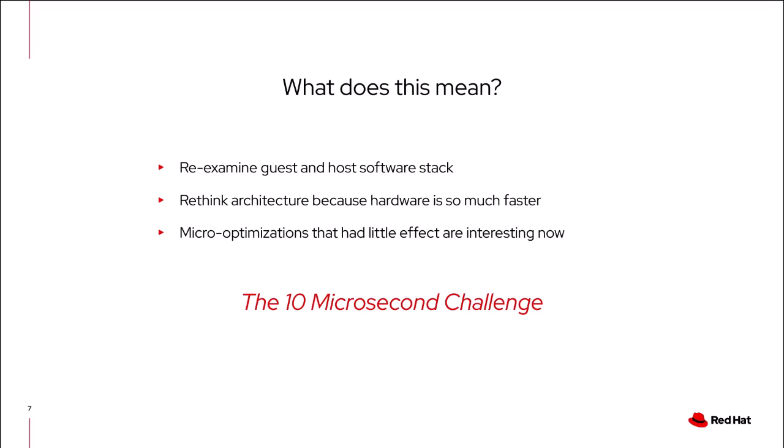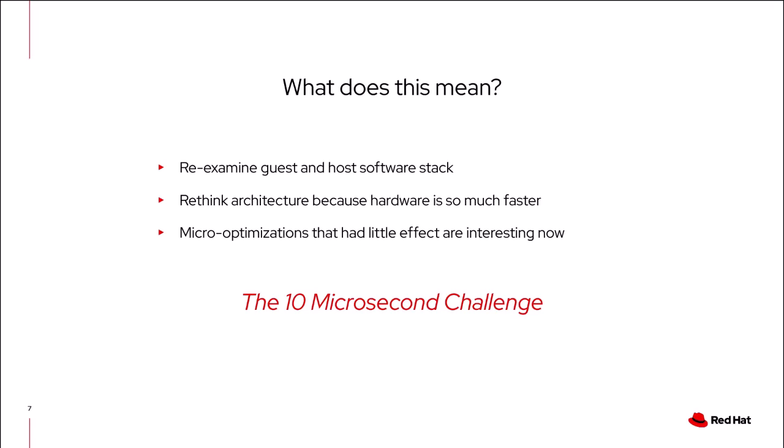What I mean by that is think back to that curve that we saw, the IOPS versus latency. The optimizations that we considered in the past and that had no measurable effect, that were not significant in the past, that we decided were too complex, or for whatever reason we didn't implement in the past, those optimizations might now be relevant again, because even shaving off a little bit of time on the left-hand side of that curve can boost IOPS a lot and can allow the application to get better performance.